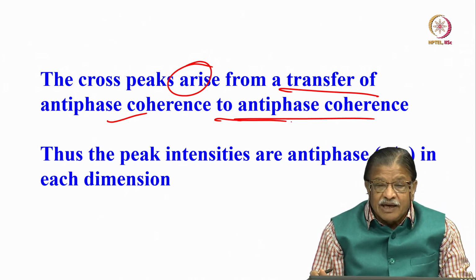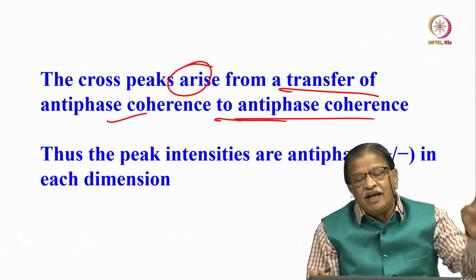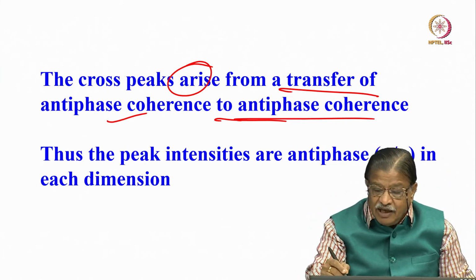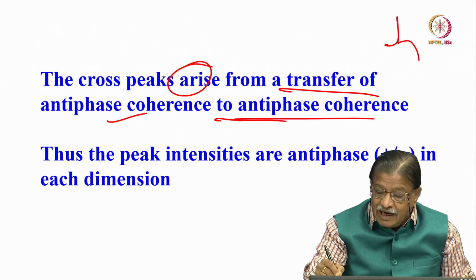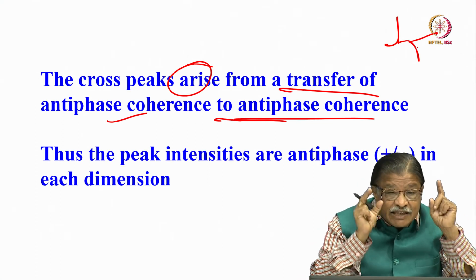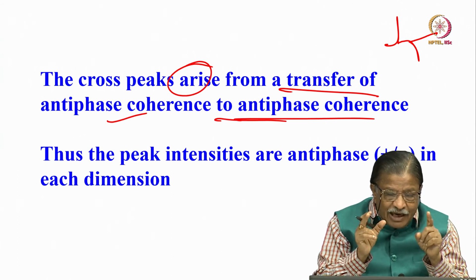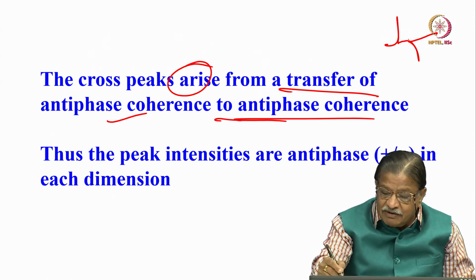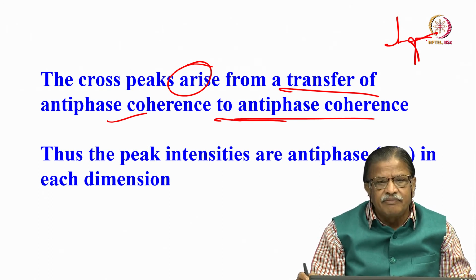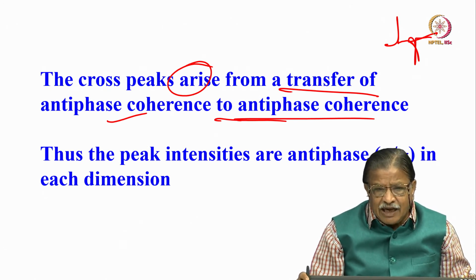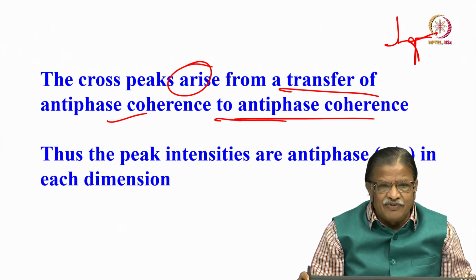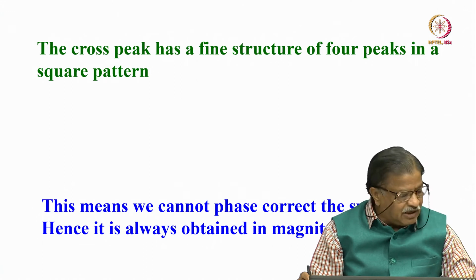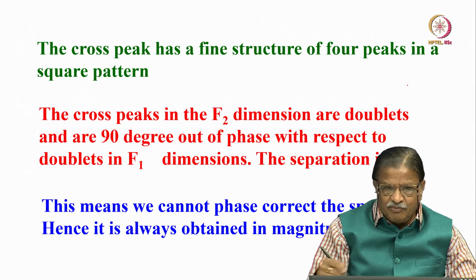So, because of the transfer of magnetization, the cross peaks are antiphase in character. That means if one signal is positive, the other is negative of the J split doublet. This is a doublet split because of J coupling. In that one is positive, other is negative. Okay. The cross peaks are antiphase in character in both the dimensions, not only in one dimension F1 but in F2 also.